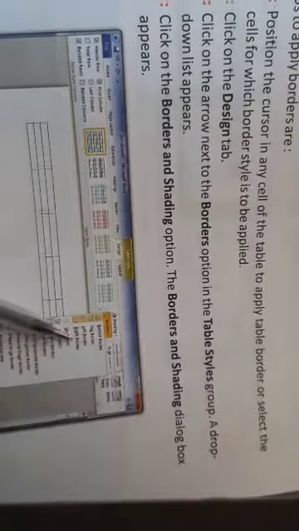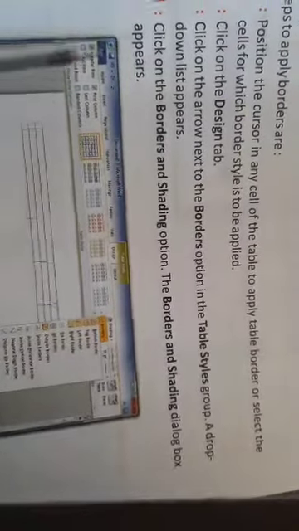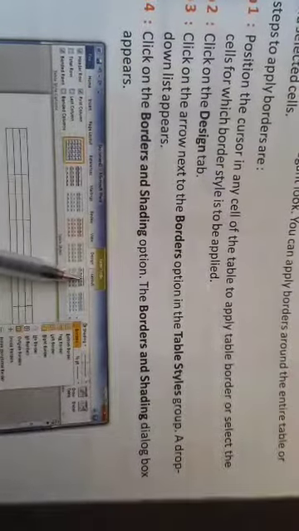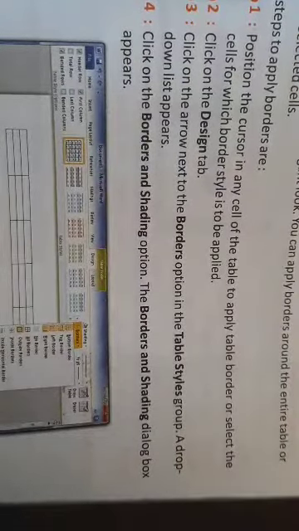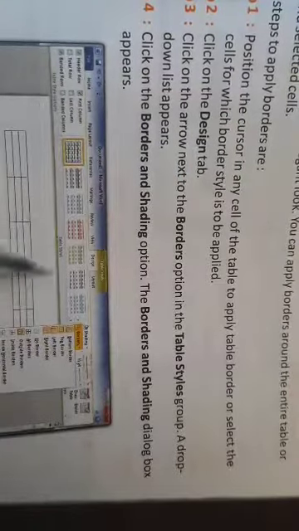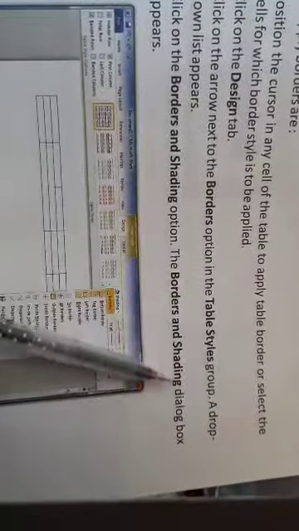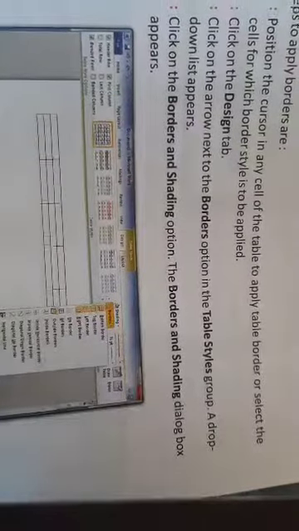See, this drop-down list will appear here. Step 4, click on the Borders and Shading option. It is given here. The Borders and Shading dialog box appears.